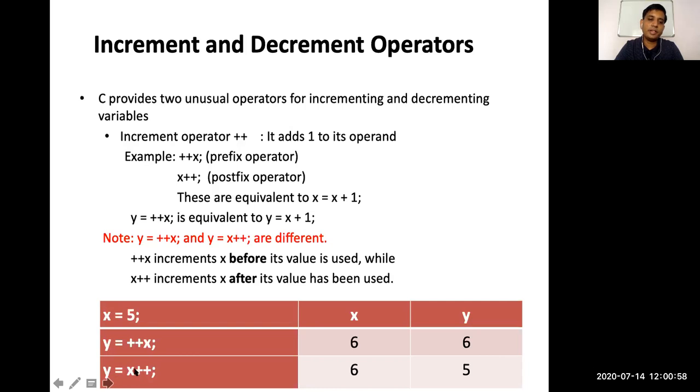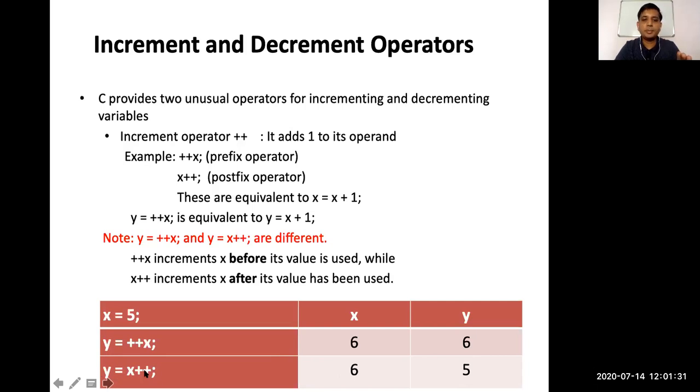The value of x is assigned to y, and then after assigning, x is incremented. So after executing this expression, the value of x becomes 6, but the value of y is only 5. Why 5? Because here the previous value of x is assigned first, then x is incremented. So that is the difference between pre and post.